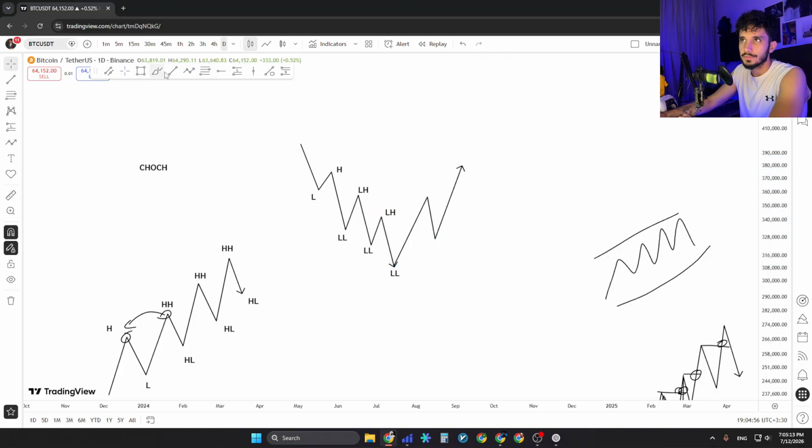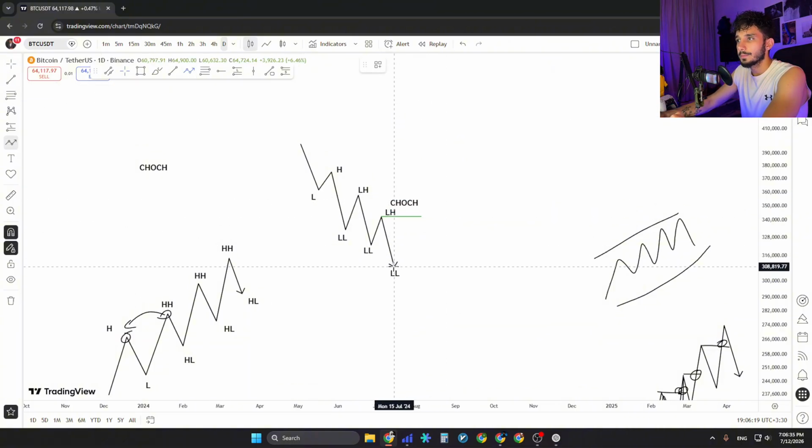Where is the change of character? Here. Finally, I have a change of character. Why? Because our character was bearish and now our character is bullish. So this is change of character.